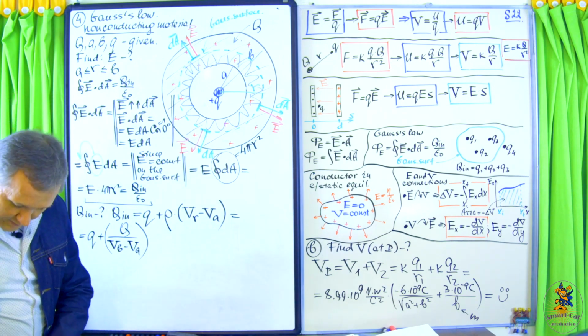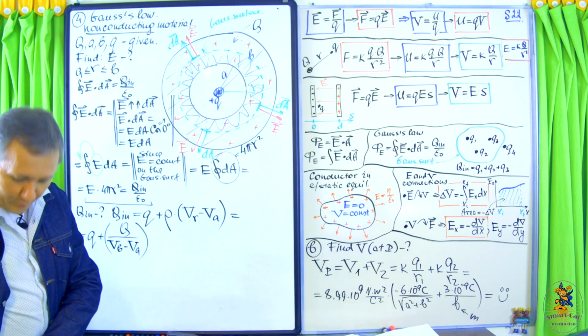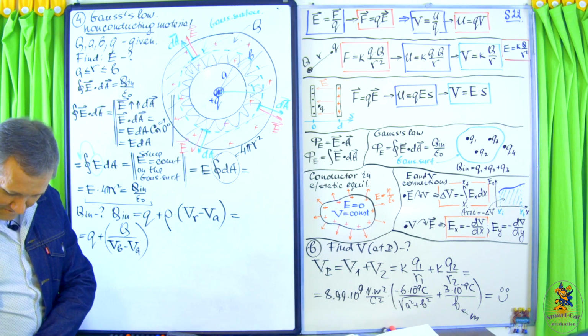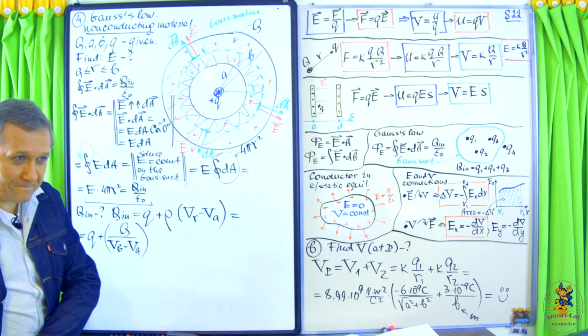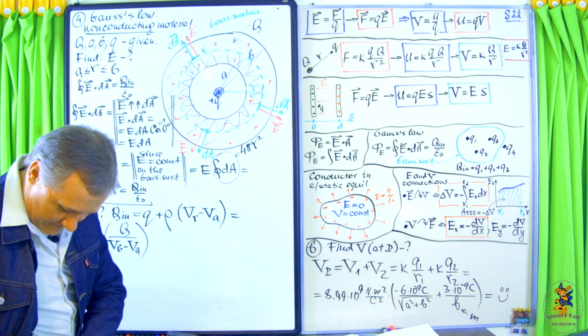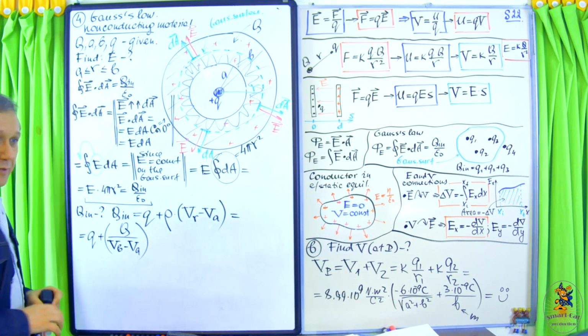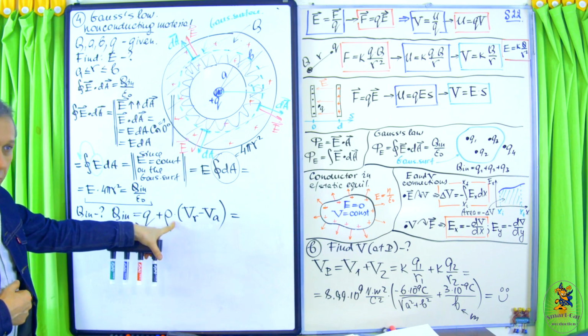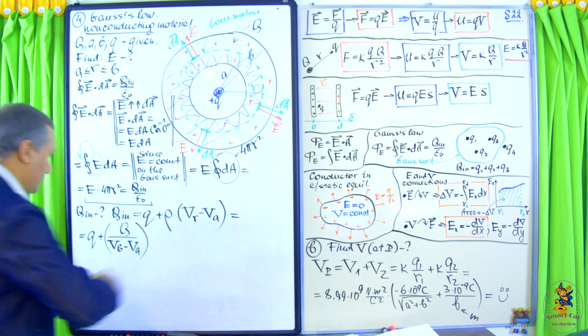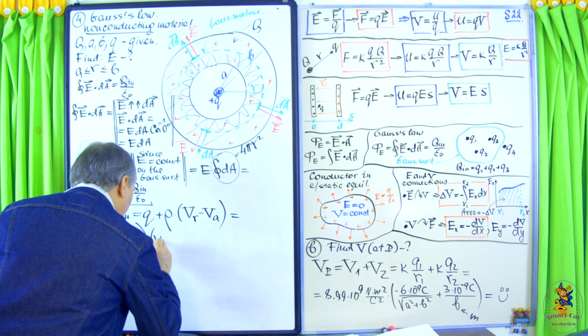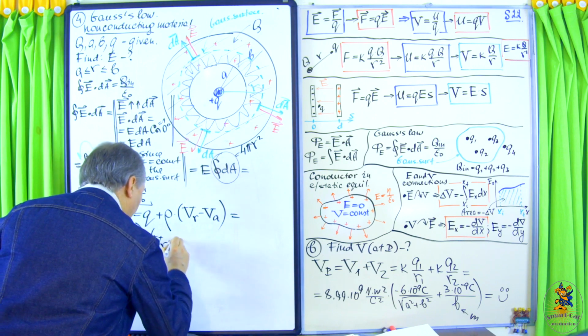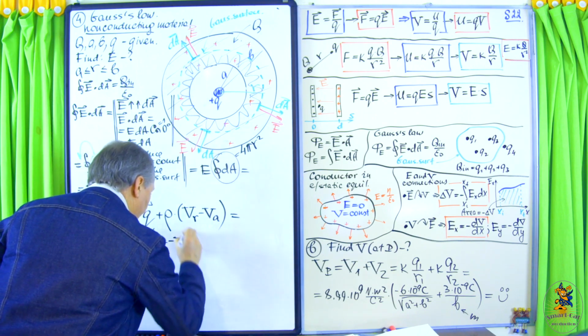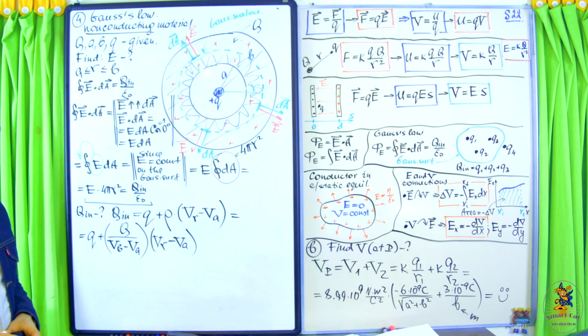Okay, my cables are getting loose. Cables for the mic. Okay, so that's our rho, and multiply by the volume of the sphere with radius r small minus the volume of the sphere with radius a.